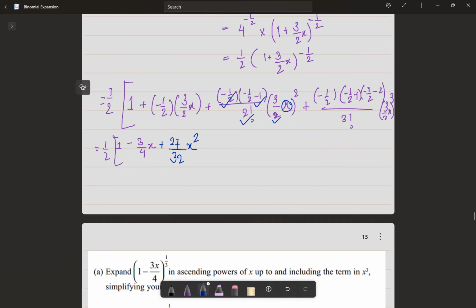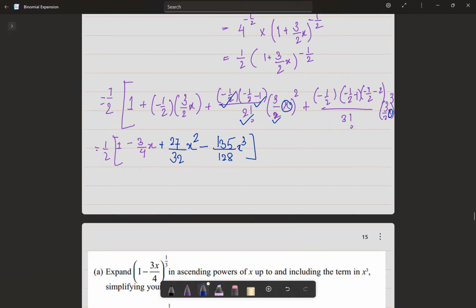And then you have divided by 3 factorial. So if you put this in the calculator along with the other parts, you are going to get minus 135 by 128, and then there's this x cube in there, so you put that.